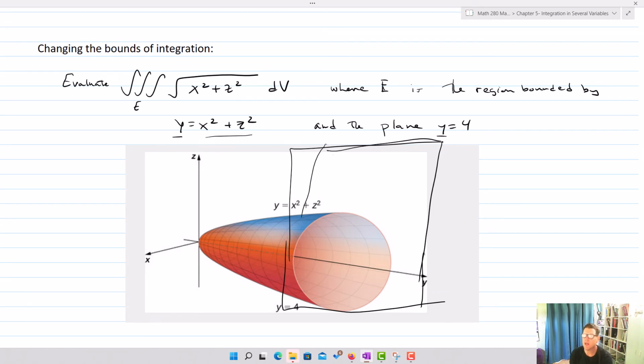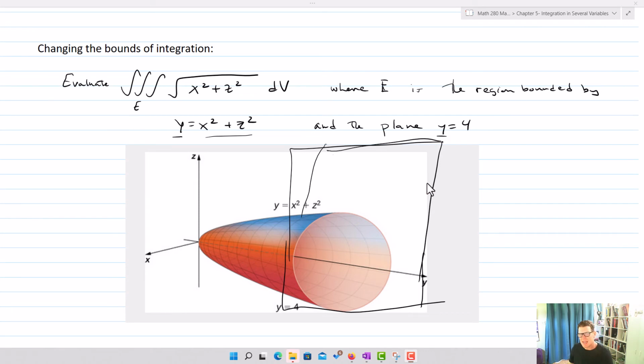So why would I go out and rewrite this in terms of z, and then in terms of y, and then in terms of x, when that just doesn't make a lot of sense? It looks like the best thing to do is to start out by integrating with respect to y, because we've got these values for y, then integrate probably with respect to z, and then finally go back and integrate with respect to x.